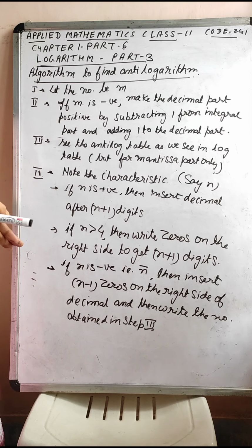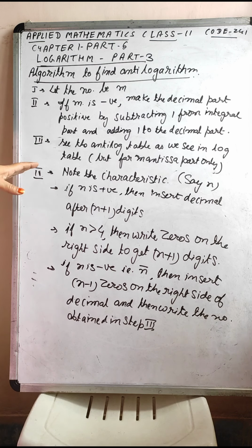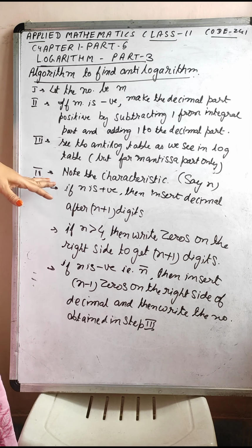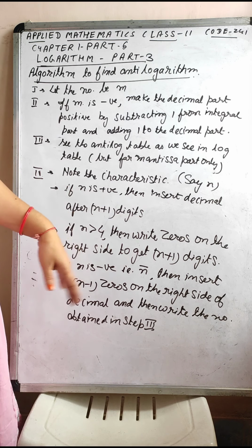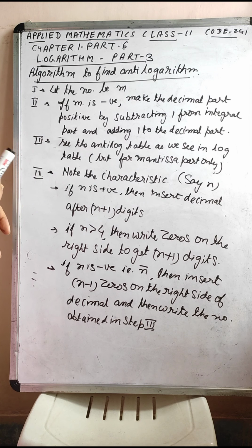So first understand the algorithm, and no need to learn it, obviously understand. Keep in mind the anti-logarithm is just the reverse of the logarithm. To find the anti-logarithm, we see the mantissa part. Now after seeing the mantissa part, same as the logarithm table, we see the characteristic part.